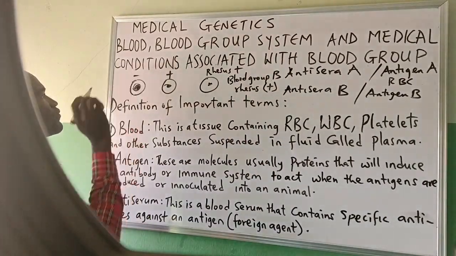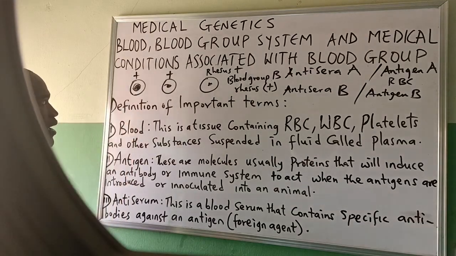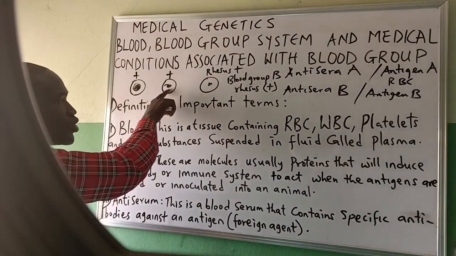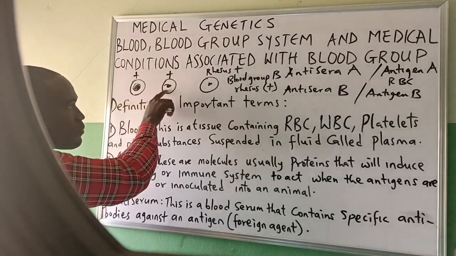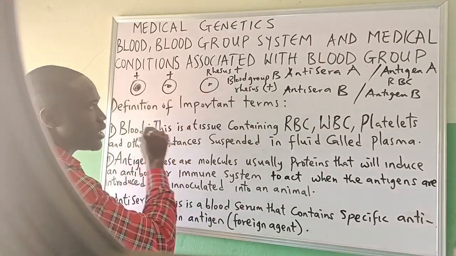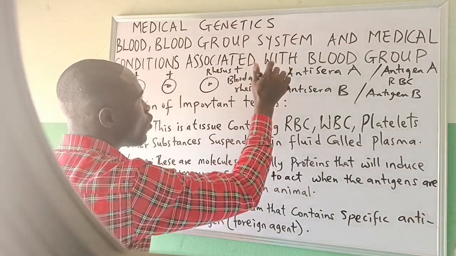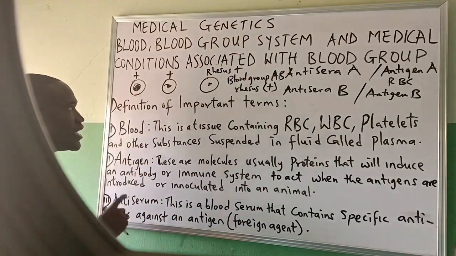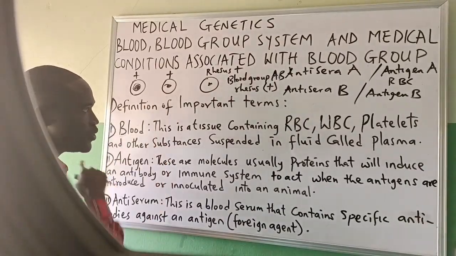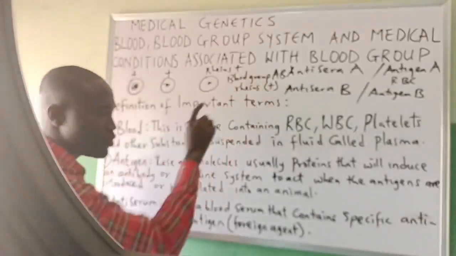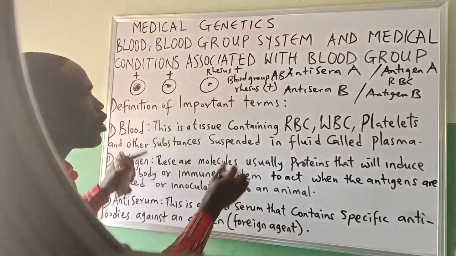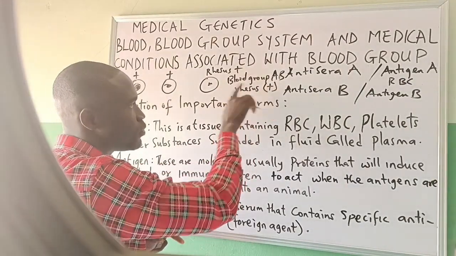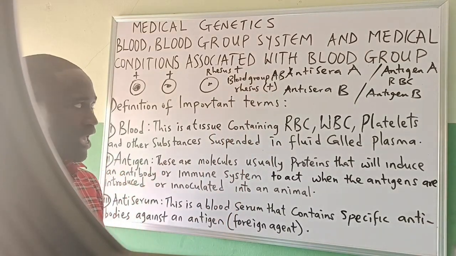Now if there is clumping here and clumping here, you say that this will be AB. That is, it has antigen A and antigen B, Rhesus positive, and that is blood group AB positive. Are you getting it?